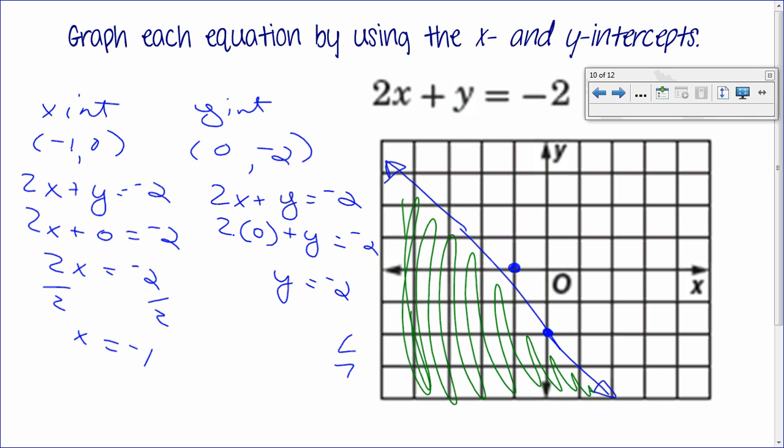Plus, when we start doing systems, you're going to have two lines, and you're only going to have to shade one part of it. So that's why you need to go all the way out to the end. Really good question.